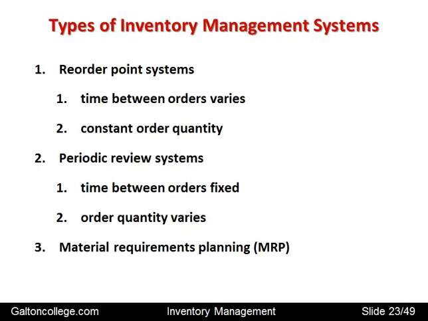We also have material requirements planning, MRP, and it's dependent on demand items. It looks at what items the customers want and then tries to plan orders of raw materials and components to meet those orders.